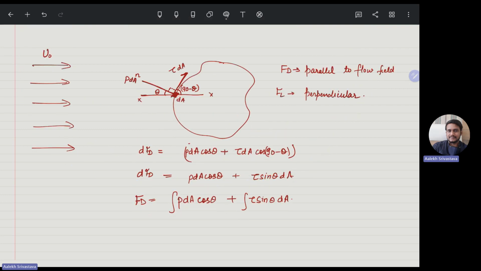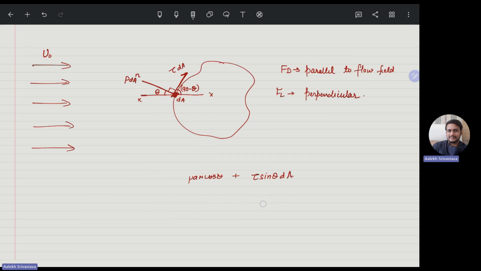Now we will try to find the expression for the lift force. Lift force is perpendicular to the flow field. So for any arbitrary surface, if we take an elemental area and take the perpendicular direction, dFL is equal to P dA sin theta plus tau dA sin (90 minus theta).